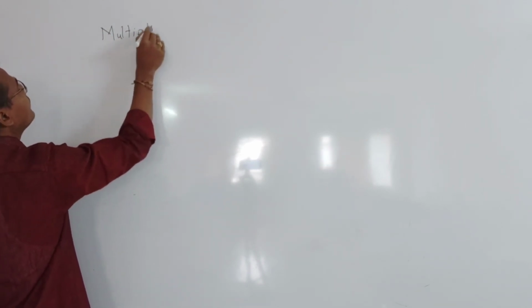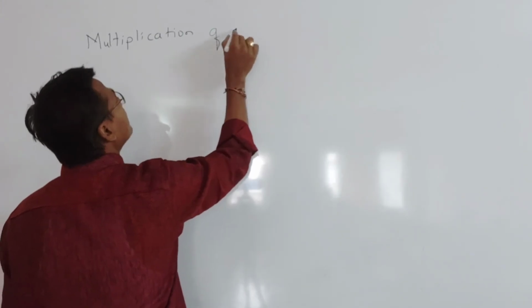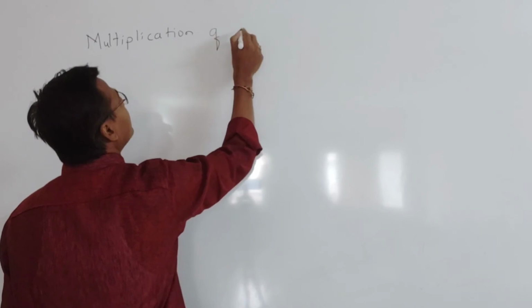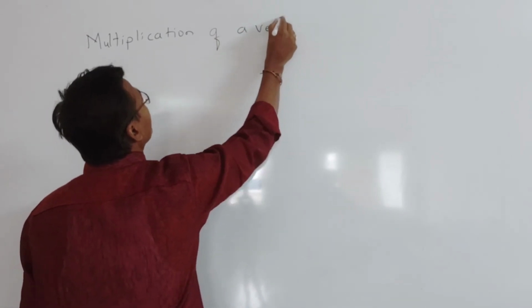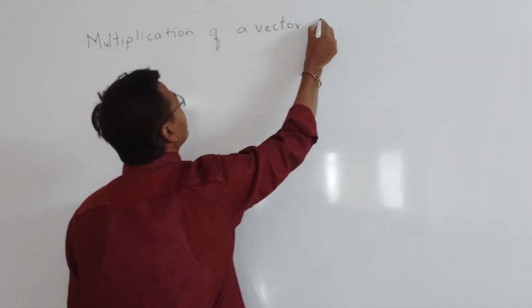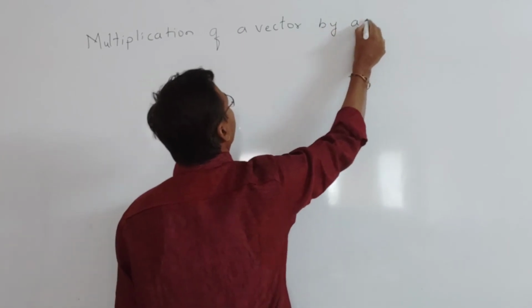Multiplication of a vector by a real number.